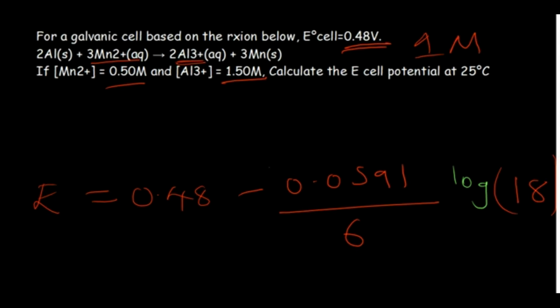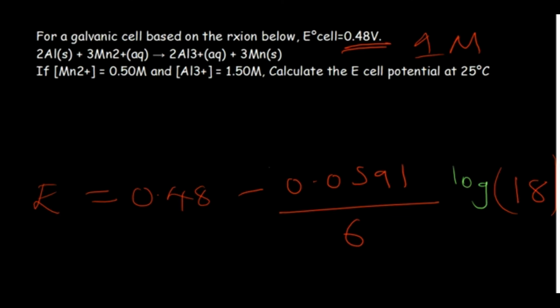It is working against the actual thing that is supposed to happen of moving forward. So there will be less energy required because the products are already in higher concentration. So we should expect this to be less than the standard cell potential because of the fact that we have a higher concentration of what? The products.